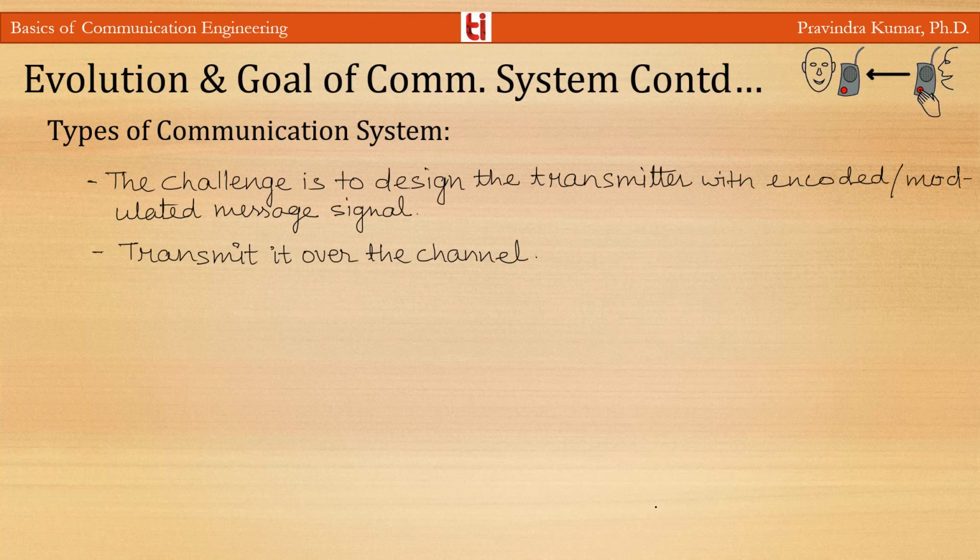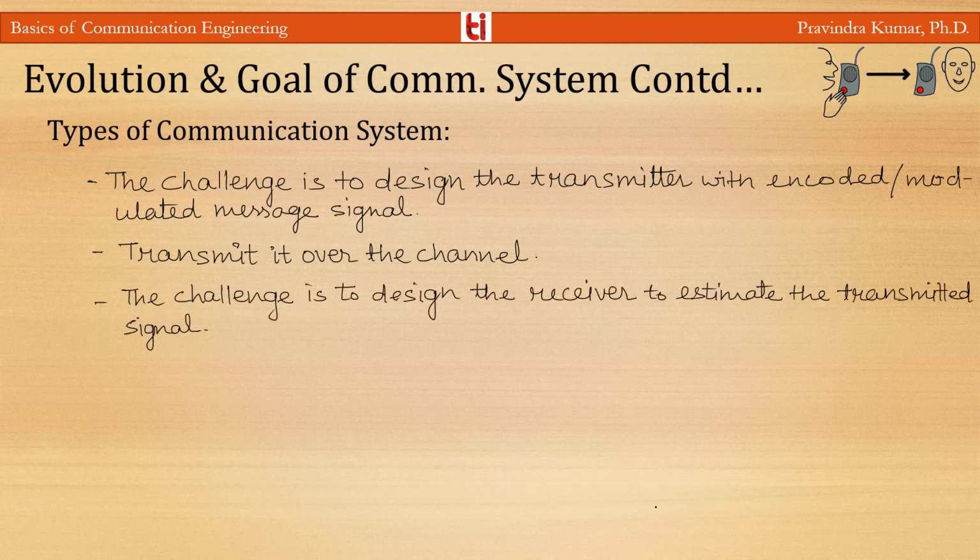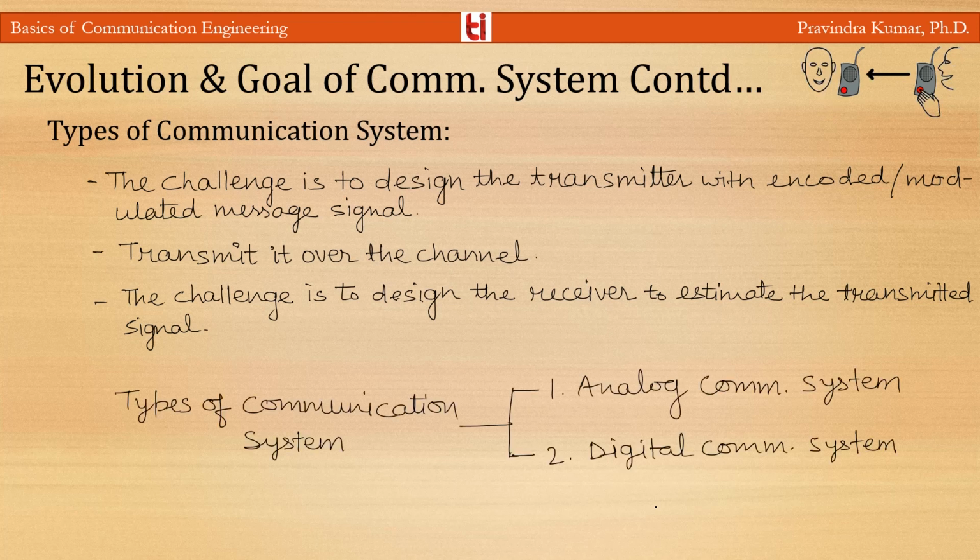The challenge is also to design the receiver, which will produce an estimate of the transmitted signal at the receiver input that meets the requirements of the end user. And also the challenge is to design all of these at an affordable cost.